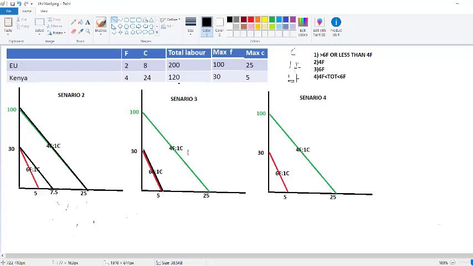And because carbon has become more pricey, all production is going to shift towards carbon. So you find that the EU is going to produce entirely carbon. They're going to produce at this point here the maximum amount of carbon because of the profitability in carbon, because of the price going up from 4 food per 1 carbon under autarky to a world price of 6 food.